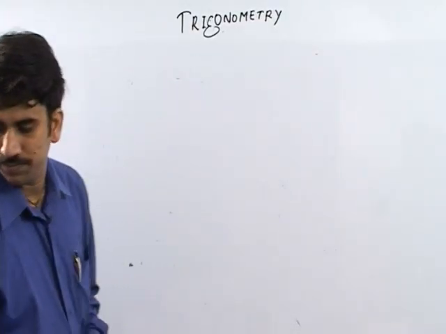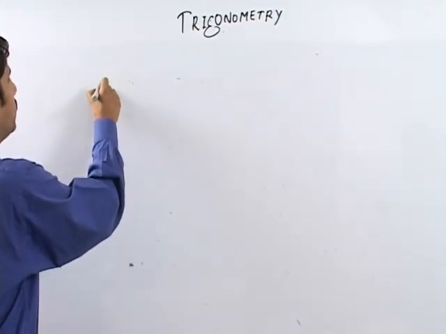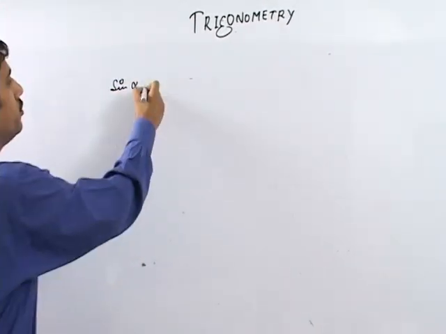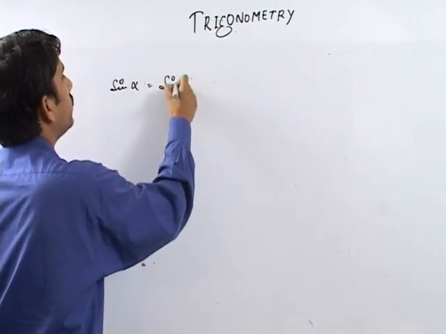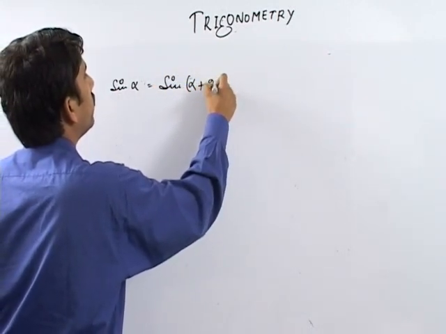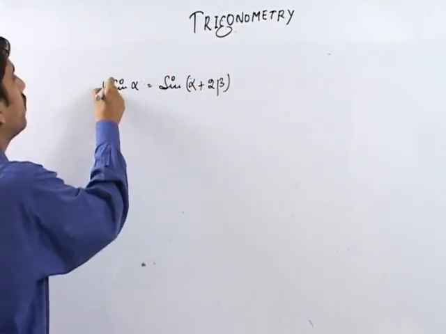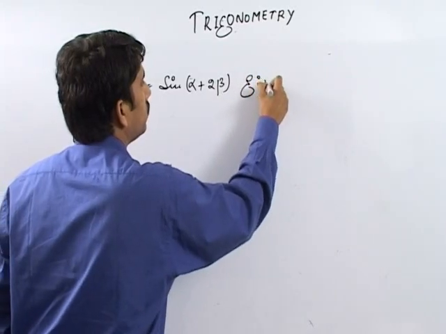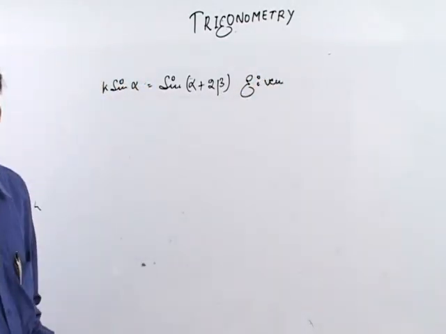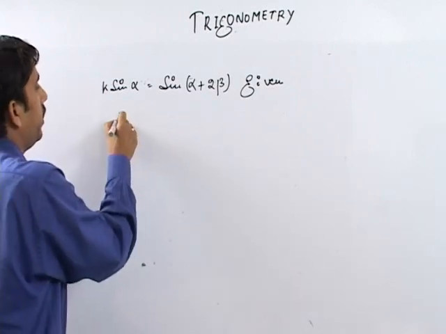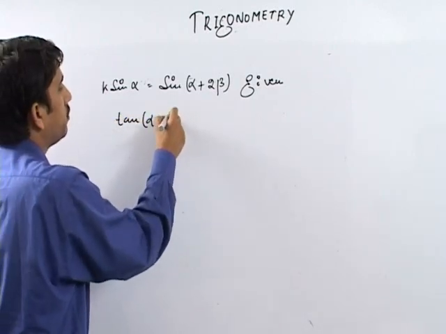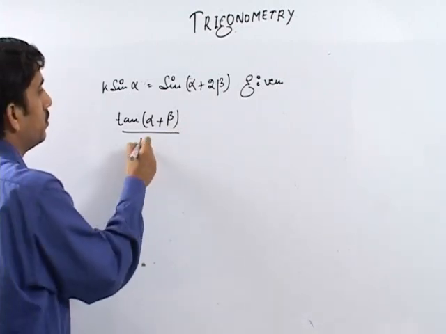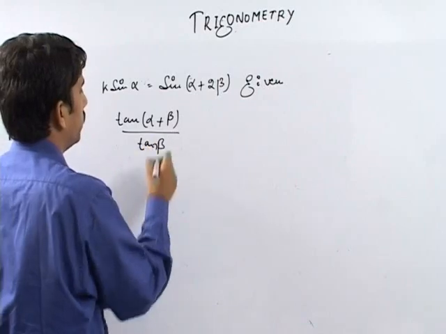Now next question is: sine of alpha is equal to k times sine of alpha plus 2 beta, this is given. You have to find out the value of tan of alpha plus beta over tan of beta.